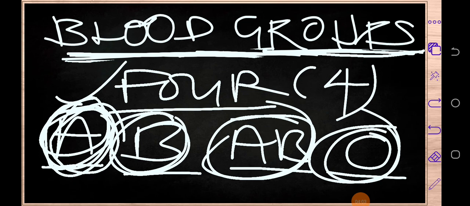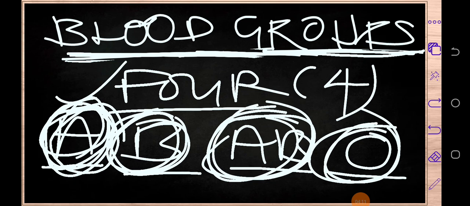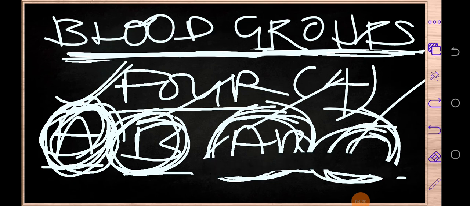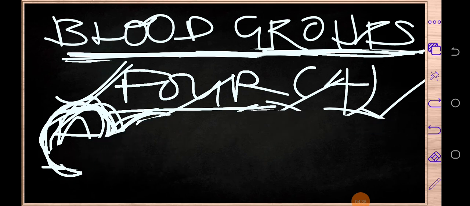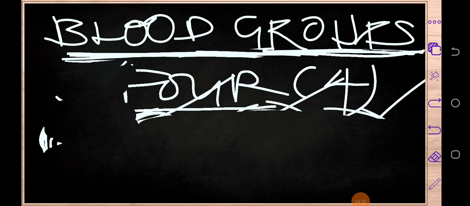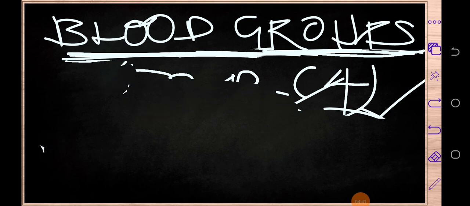That's what you need to know, because whenever you're writing a genetic diagram, we do not use these phenotypes. We use the genotypes of these blood groups. So you need to know the genotype of blood group A, the genotype of blood group B, the genotype of blood group AB, and the genotype of blood group O. So that you may understand fully, and maybe this question may be brought during your final examination.